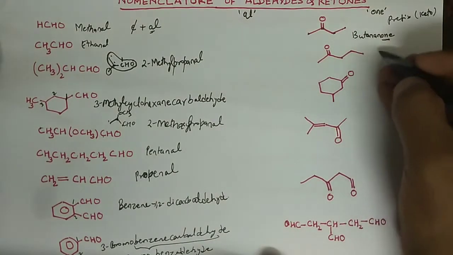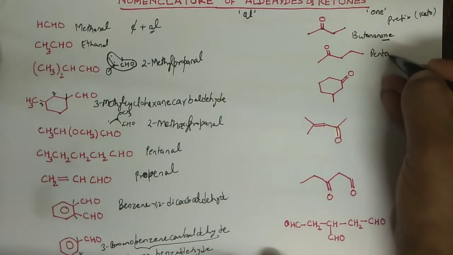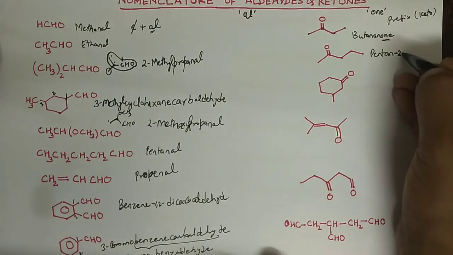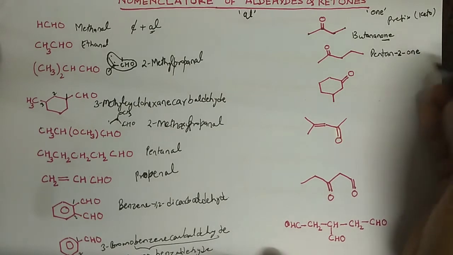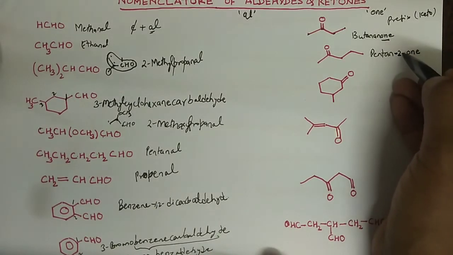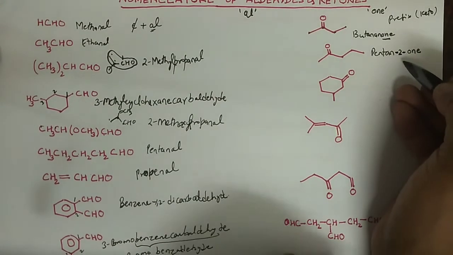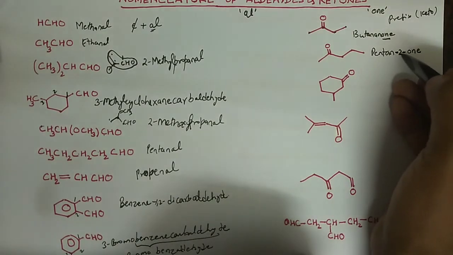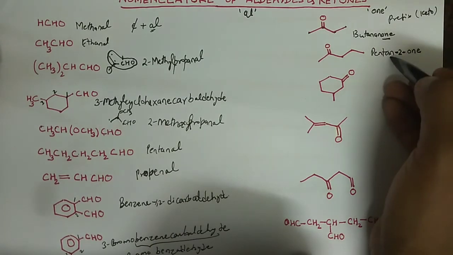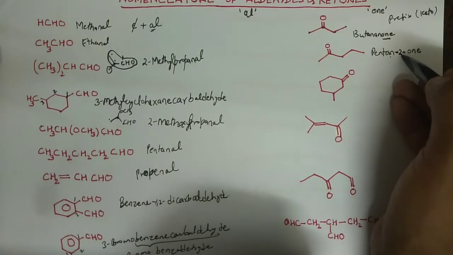However, here you have to write pentane, right? Pentane, then 2-one, right? You have to mark these bars. We can say these are the separators, and these separators are always used when you have to switch between 2 different languages. This is English and this is Arabic, right?